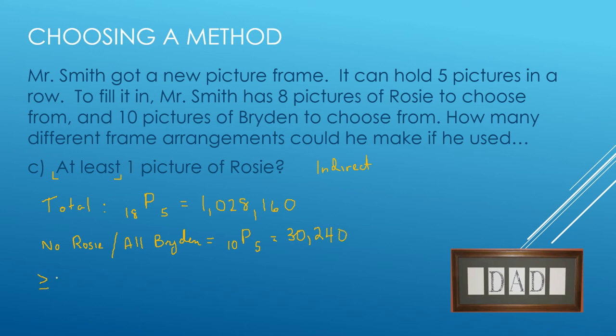So for the number of arrangements where we have greater than or equal to 1 picture of Rosie, we just do 18P5 minus 10P5, those two numbers we got. We can get at this problem pretty efficiently: 997,920 different ways. That's a lot more practical.